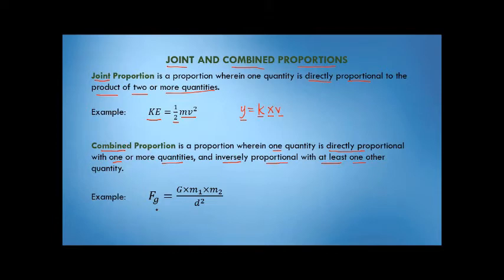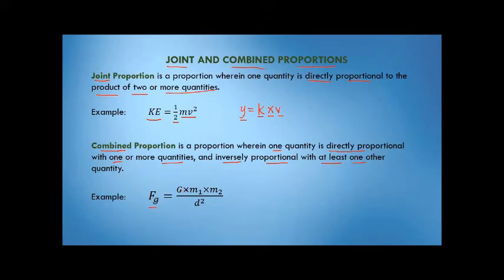So, halimbawa, again, sa science, yung force due to gravity is equal to gravitational constant times mass of object 1 times mass of object 2 divided by the distance between the two objects. Okay? So makikita natin ang force direct proportion siya with one or more quantities.